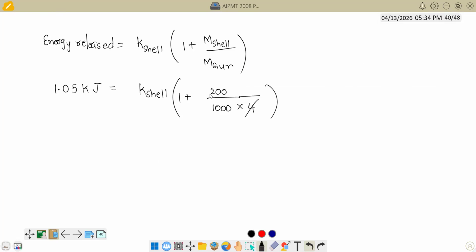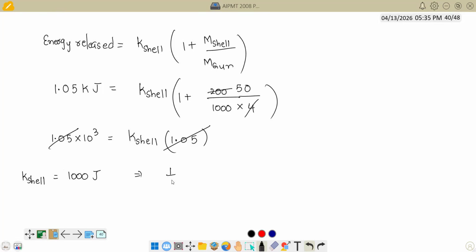These numbers are given intentionally, so it will be 50. So this 1.05 kilo means 10 power 3 equals the kinetic energy of the shell into, you can notice it, this is also again 0.5 only. So 1.05 on the left side and right side would get cancelled. So the kinetic energy of the shell, you got it as 1000 joule.